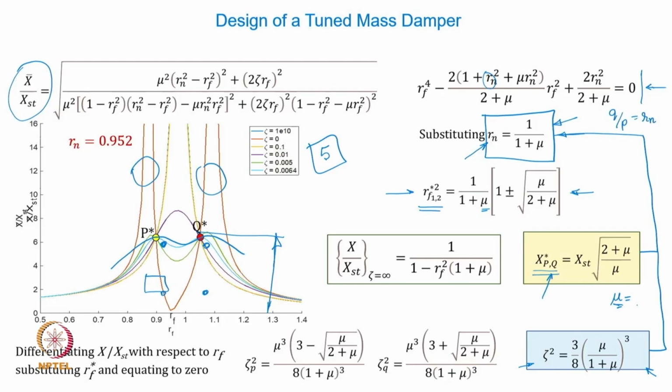And then you can choose either K1 or M1, and based on that you can design your absorber.